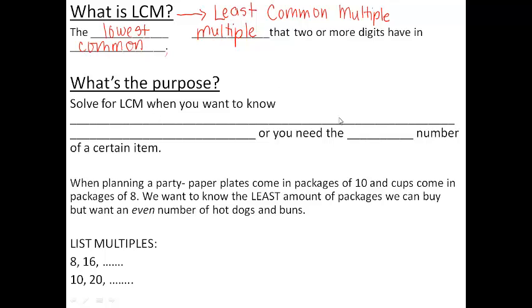Why do we need the LCM? We want to solve for LCM when you want to know something that will happen again at the same time. You're looking for a common number, which is a same number. So when you're looking for something that you need to be equal or occur at the same time, that's when you're going to use least common multiple.